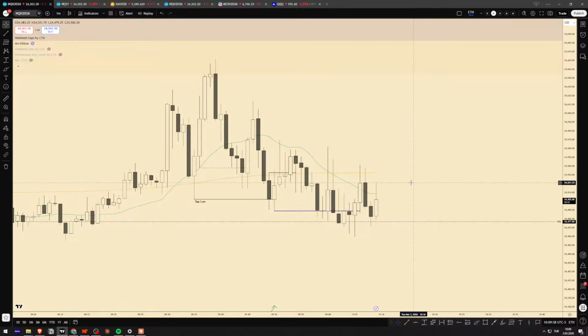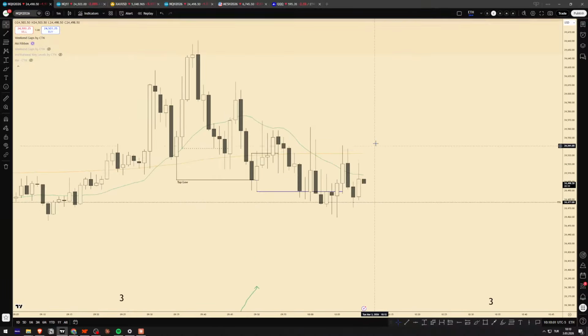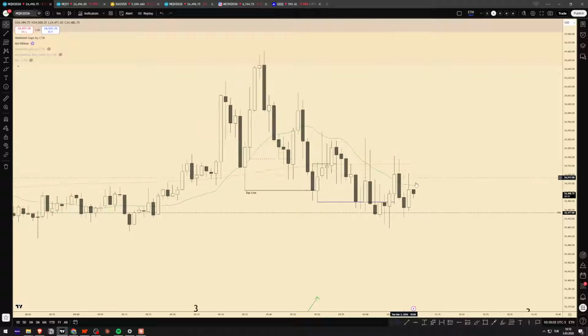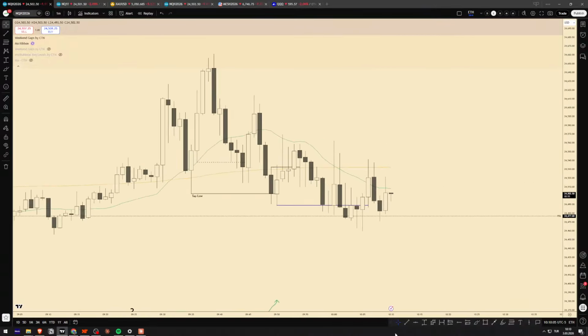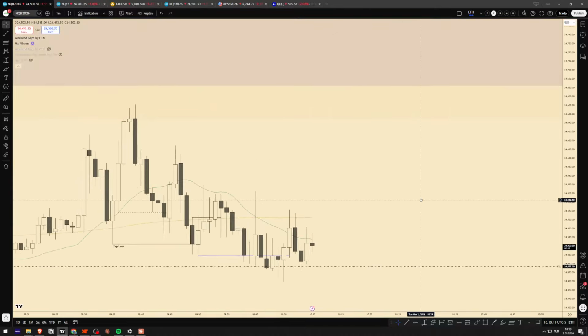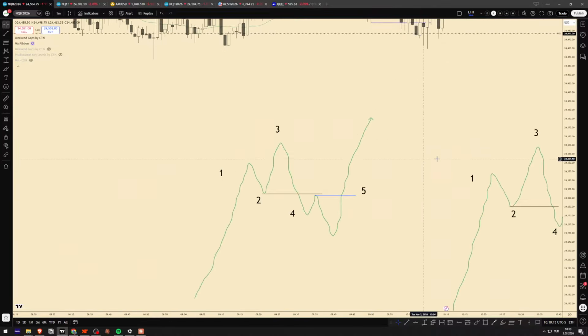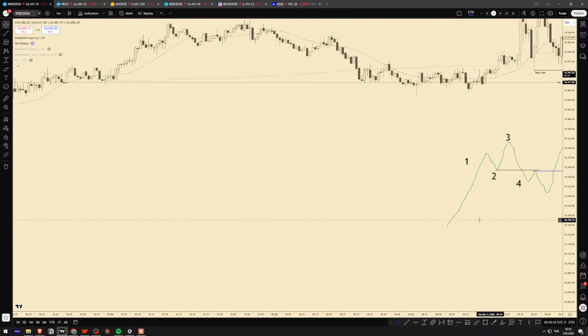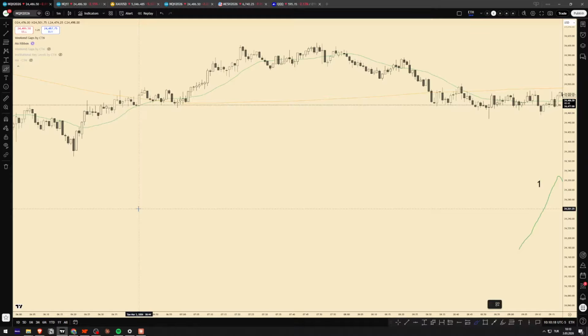If price wasn't so choppy or looking too messy and too rangy, I would have added one more from this level. Why? Because it's something like this. Let me draw another one. It looks like this one.